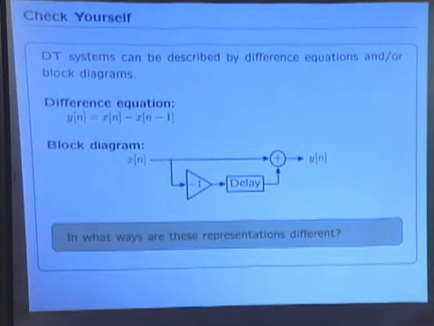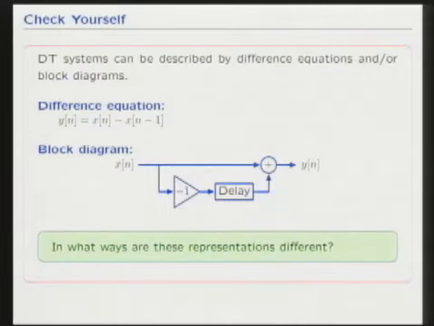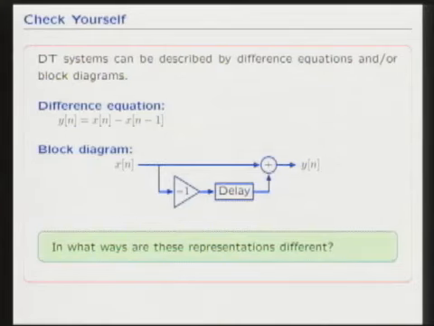In kind of computer science terms, we would say that the difference equation is declarative. It tells you a statement of fact, not necessarily what you can do with it. The block diagram is imperative. It tells you how to do something. And those are very different.